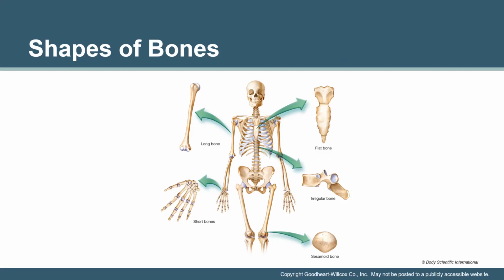Now, when we talk about the gross anatomy of a bone, they have what we call bony markings. There's a chart on page 125 in your book. I'm going to go through some of the language there, just so you have an idea of when we're identifying a bone.